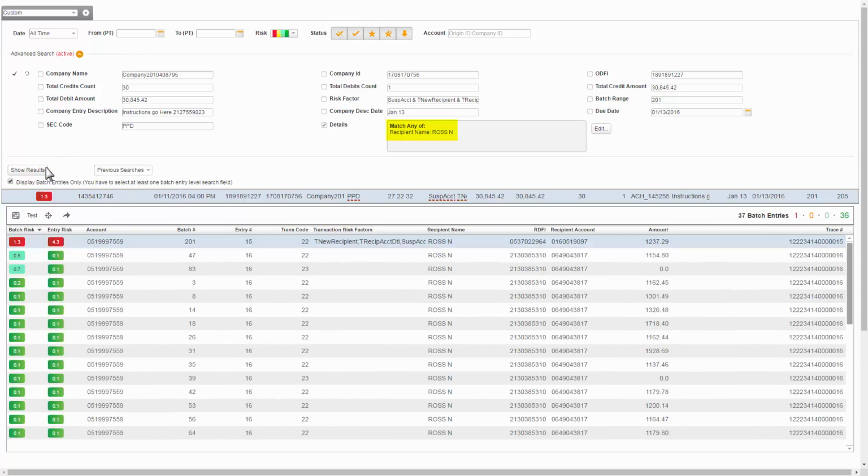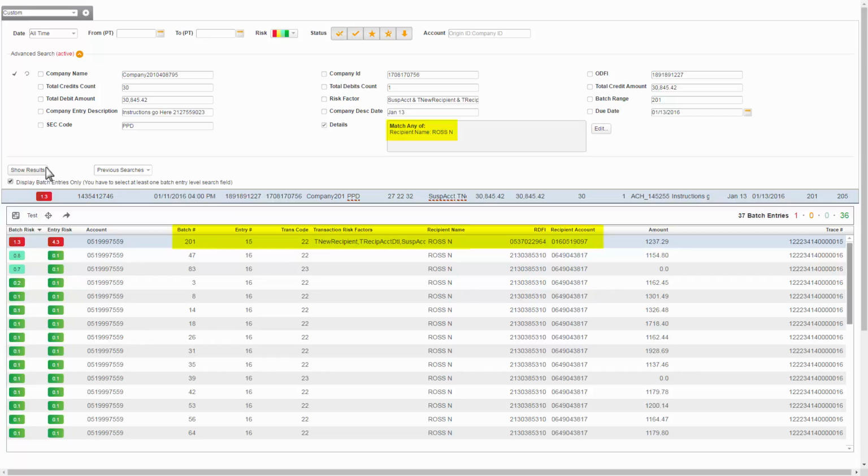In this case, I see that Ross has been a consistent payee for Financial Business Incorporated since they submitted their third batch. However, now in the 201st batch, this is the first time there's a change to his bank deposit information. I can easily see that this particular entry is going to a different bank with a new routing number and to an entirely new account.